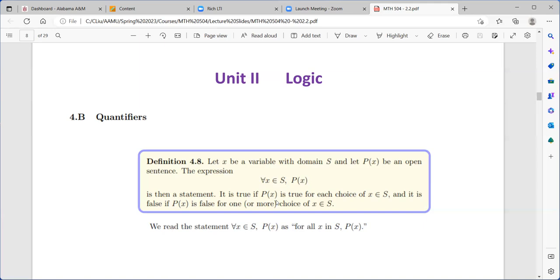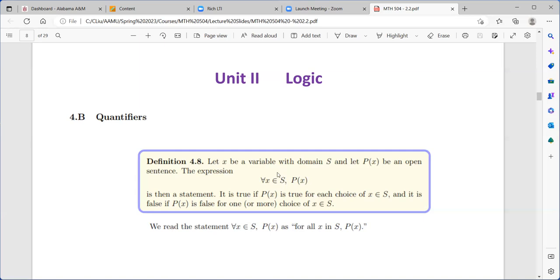It is true if p of x is true for each choice of x in S, and that is false if p of x is false for one or more choices of x in S. So if for any value of x in S, or for every or all of the x in S, this p is true, then this statement as a whole is true.